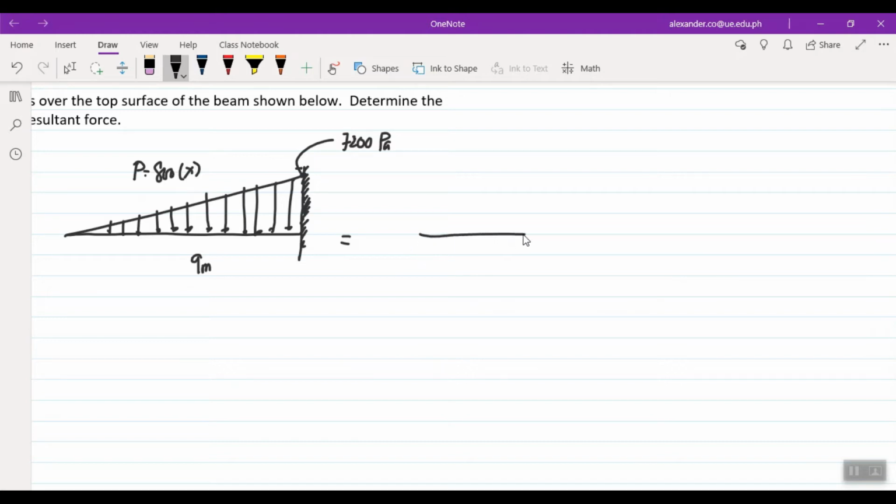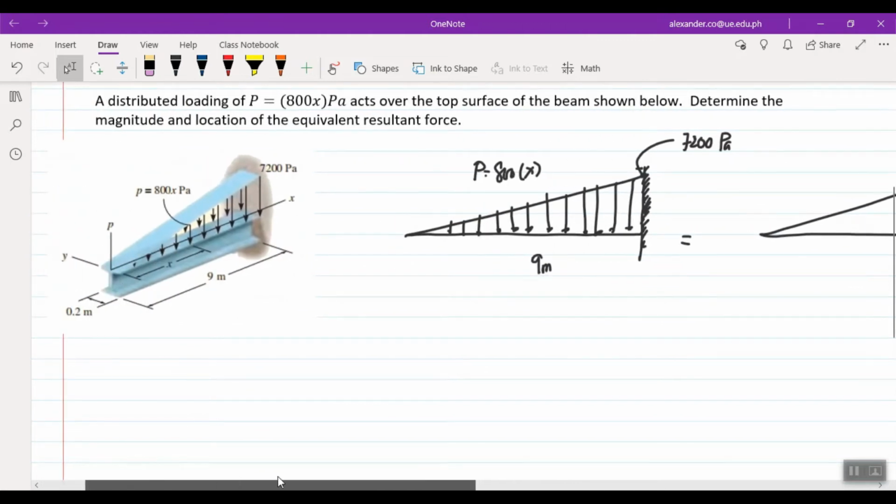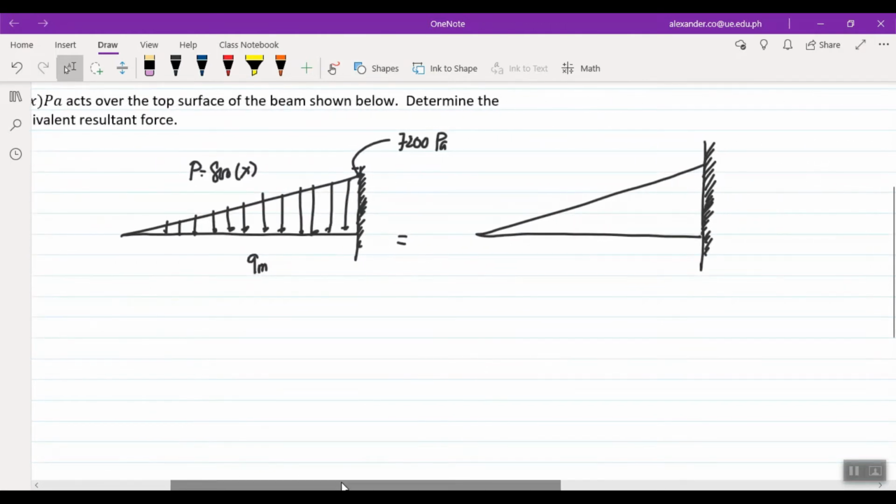So, imagine lang talaga nagkaklase tayo. Hindi na Pascal to. Teka, ano nga yung 0.2, meters ba yun? I think it's 0.2, tama, so meters. So, lalabas, this will now be 160 x, but it's no longer Pascal, it's now in Newton per meter.